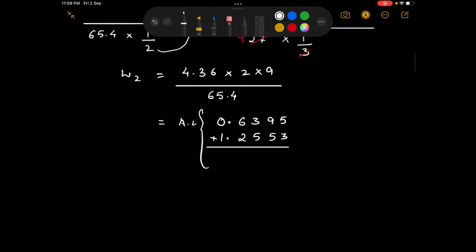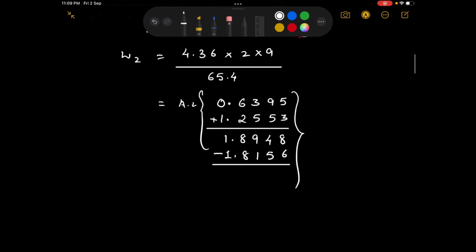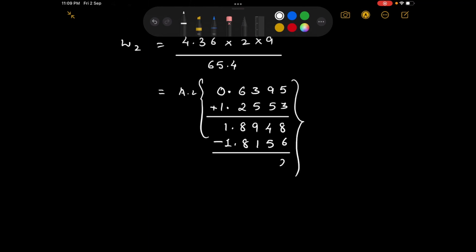Let's add this up: 8, 14, 9, 8 and 1 minus 1 point. The log of 65.4 is 8156. Let's subtract this: 2, 14 minus 5, 9.